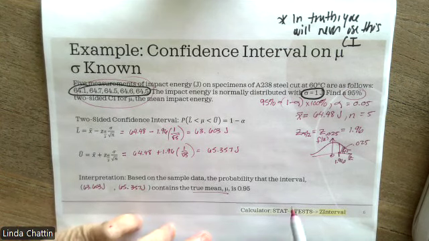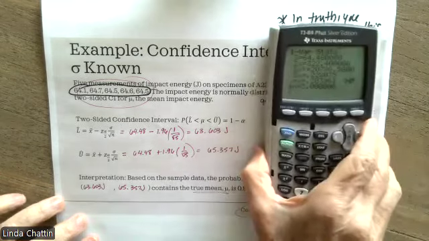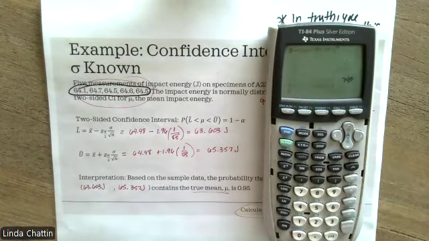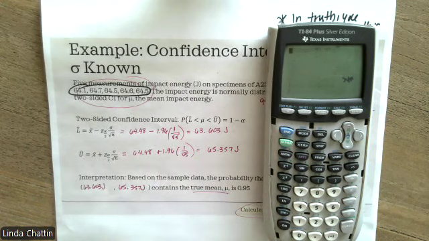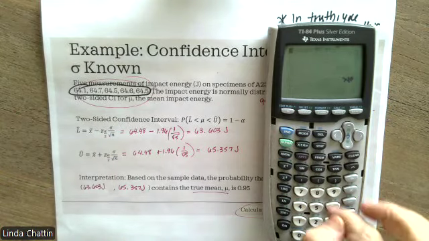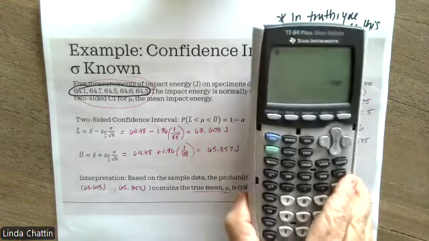Now, all of this can be accomplished by using your calculator function. So let me show you how to get that. I also recommend that when you first start doing these problems, you do it by hand like this first, and then do it in the calculator, because you need to know what your inputs are so you fully understand what's happening. So here, we're going to go to stat, tests, and z interval.